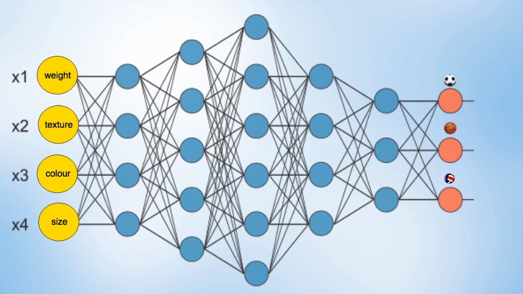However, with multi-class classification, suppose we passed in the inputs x1, x2, x3, and x4, which relate to weight, texture, color, and size of some random ball, and we fed it into our neural network through some feed-forward operation. This manipulation eventually returns some score value for each of the ball types. Since there are 3 outputs, we end up with 3 scores.